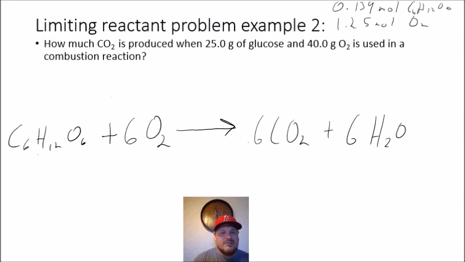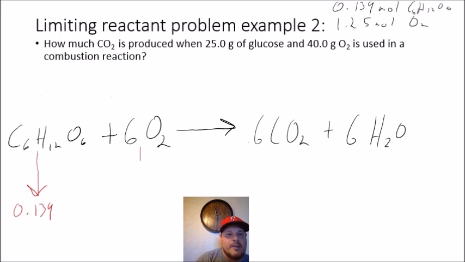Okay, so let's continue. The first thing I'm going to do is look at glucose, and see how much oxygen gas it takes to completely use up all the glucose in this reaction. I know I have 0.139 moles of glucose.